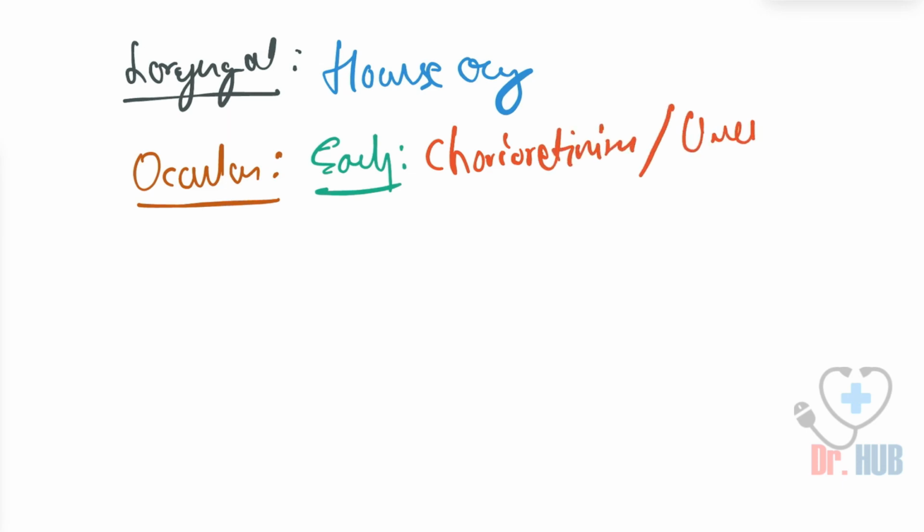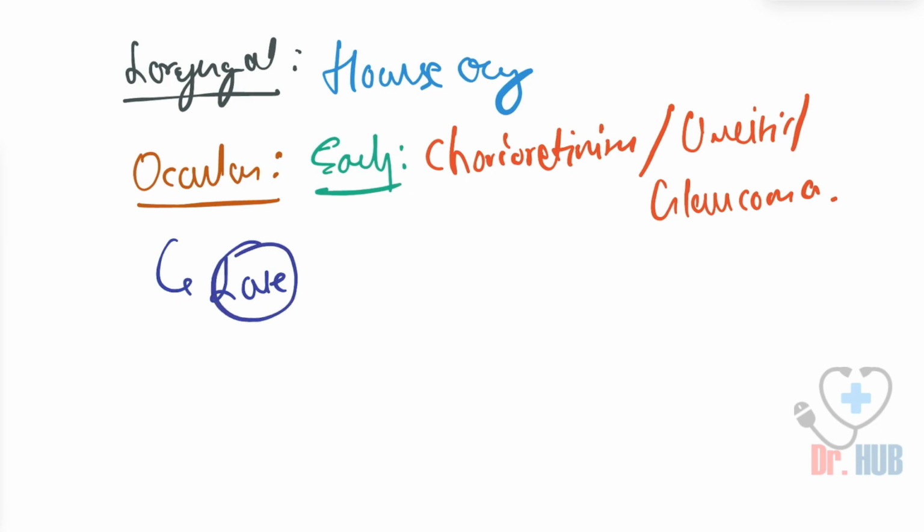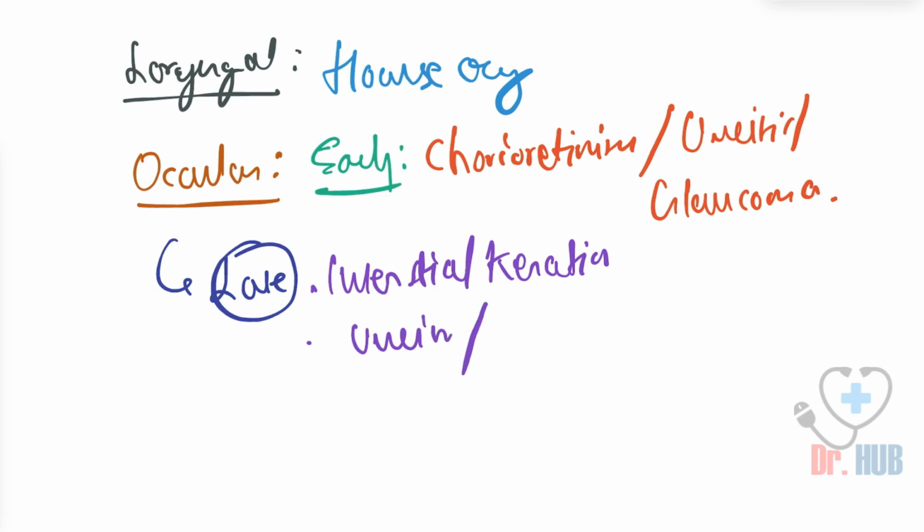Next, there is also the uveitis and the glaucoma. Next, we look at the late ocular features. Here it includes the interstitial keratitis, and it also includes the uveitis as well as the glaucoma.